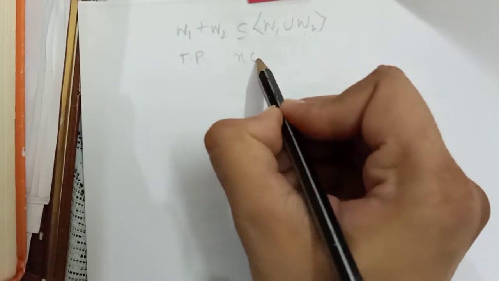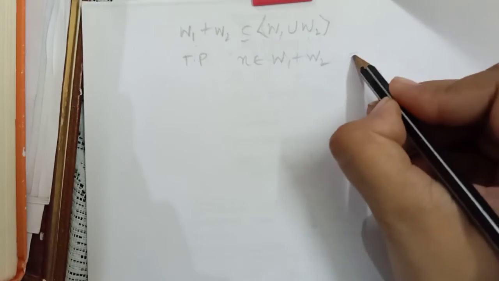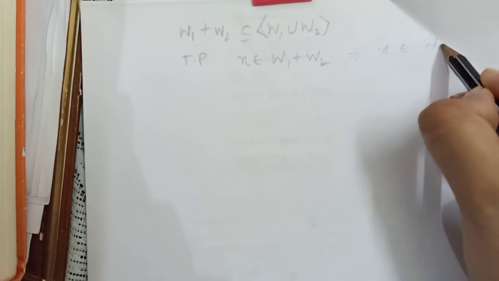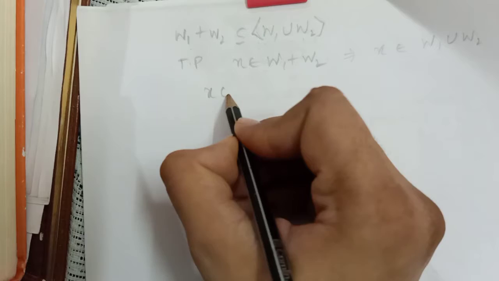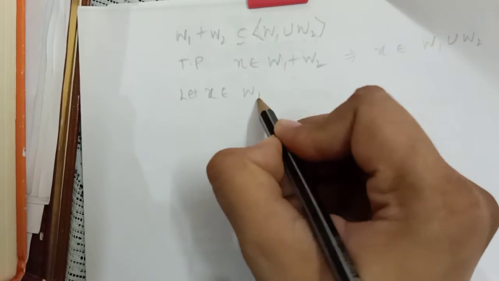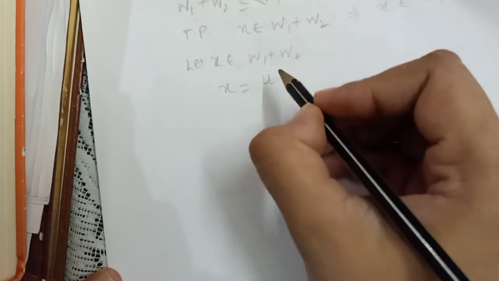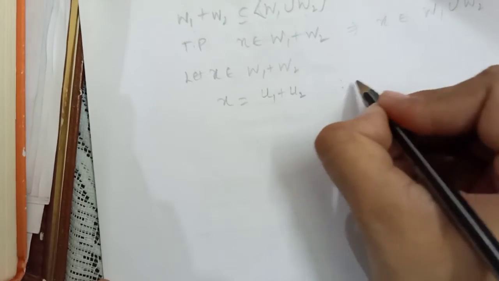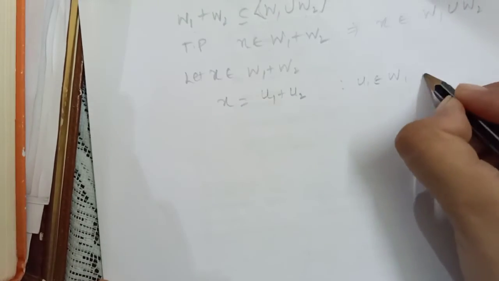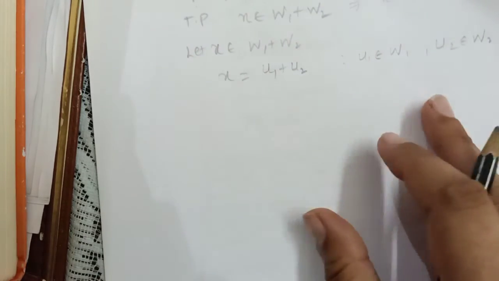We will prove that if we take some random x from W1 plus W2, then that x would also be in the span of W1 union W2. So let me take x from W1 plus W2. How would it look as per the definition of W1 plus W2? It would look like u1 plus u2, where u1 is from W1 and u2 is from W2.